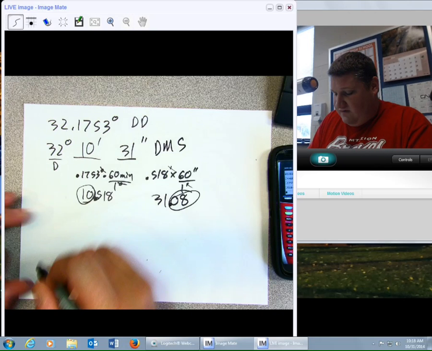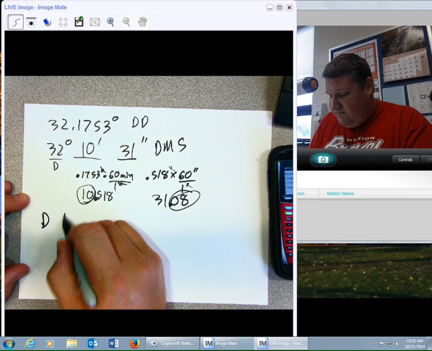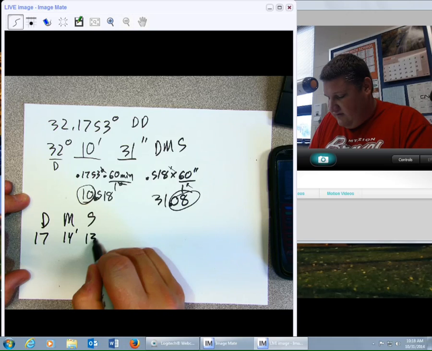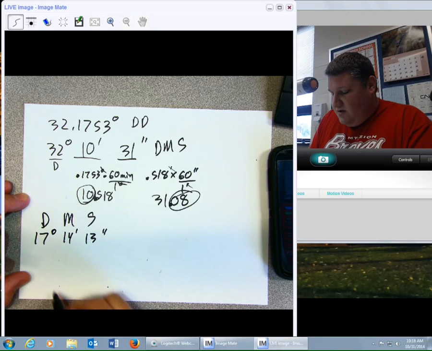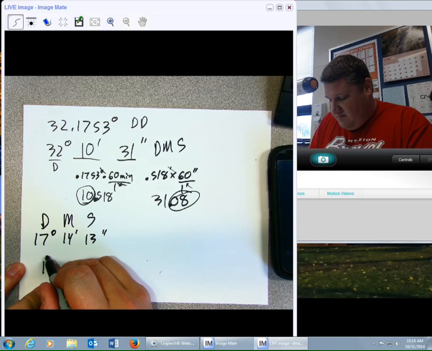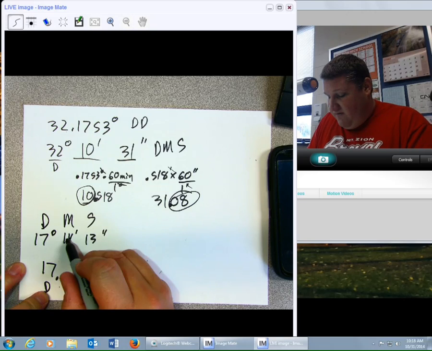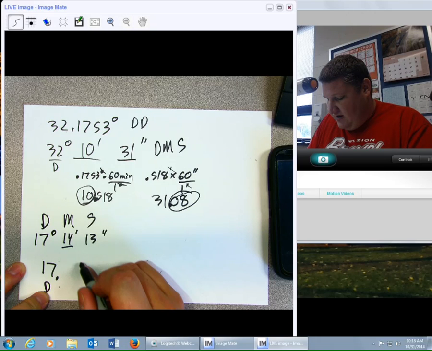Now let's go the other way very quickly. If I have degrees, minutes, seconds, I have 17 degrees, 14 minutes, and 13 seconds. That means I'm going to say 17 degrees for my decimal point, and if I have 14 minutes, that's the same thing as saying 14 over 60 plus 13, but 13 is seconds. How many seconds are there in a degree?